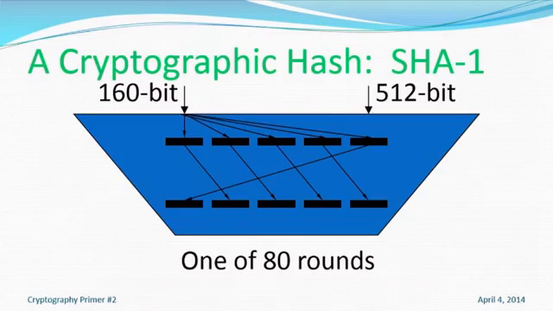And if you cook, it's kind of like sprinkling things into a broth. What you do is you take this 160 bits of state, and you just sprinkle 512 bits of input, a few bits at a time in, and you stir and you stir and stir, and then you sprinkle a few more bits, and you stir and stir and stir. And that's kind of the way it works for 80 rounds of stirring.